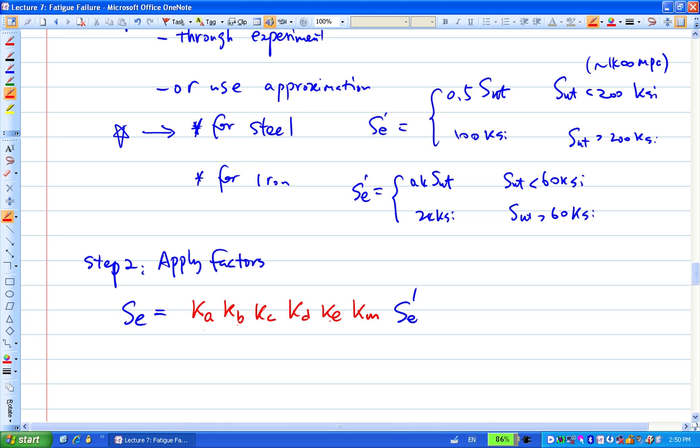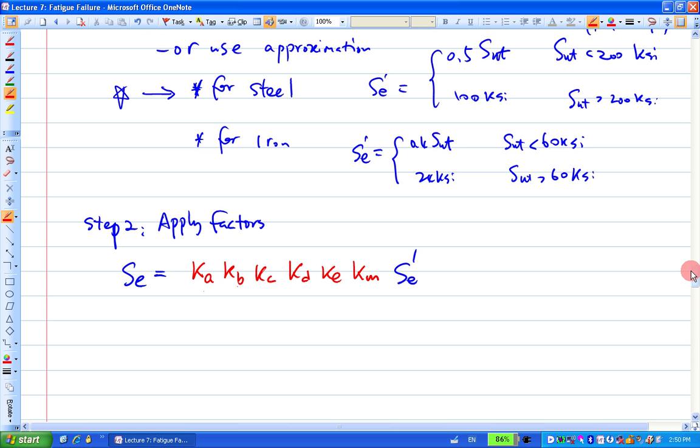The idea is once you get all the factors, multiply them out, you get your SE. SE is the endurance limit, which you will use in your design or analysis for the stressed part.